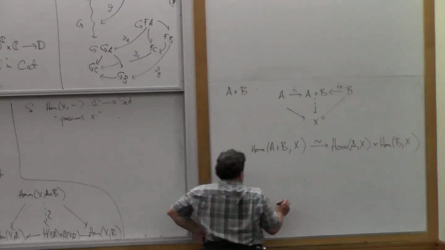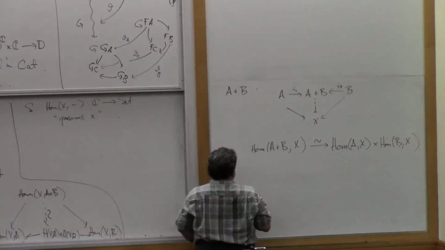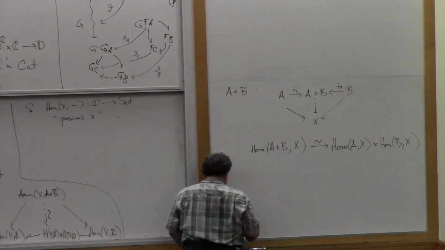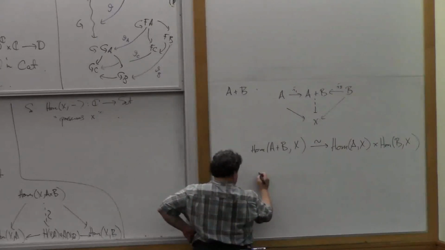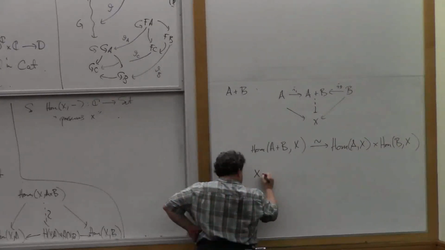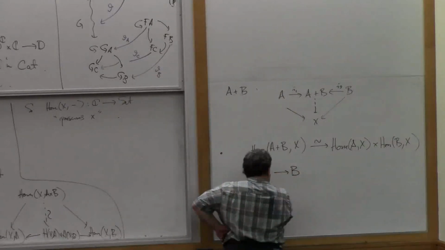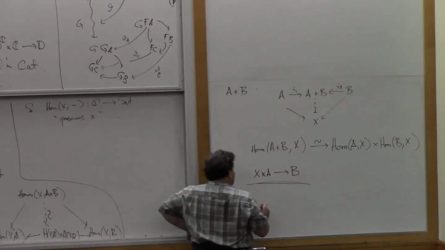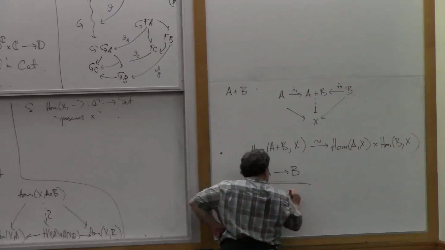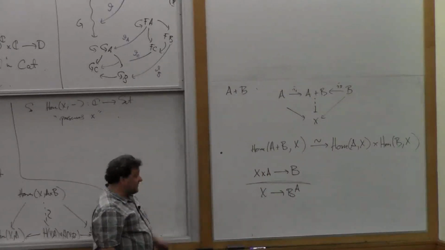And before we already displayed the universal mapping property for exponentials. We already noticed that it has the form of a two-way rule, a bijection between maps X × A into B and maps X into B to the A. We used that last time.